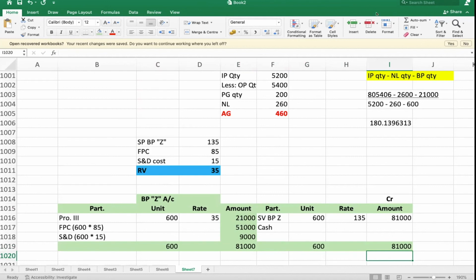Am I right? Byproduct also kindly copy. Understood?